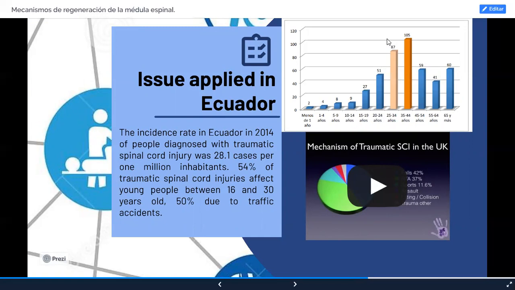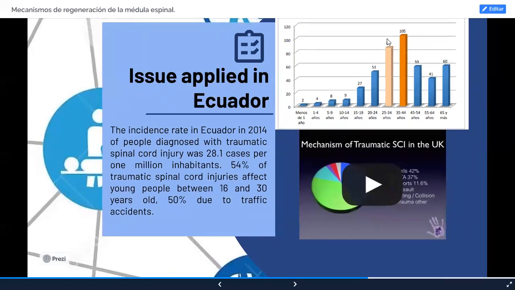In addition, paraplegic patients are more frequent than quadriplegic patients.